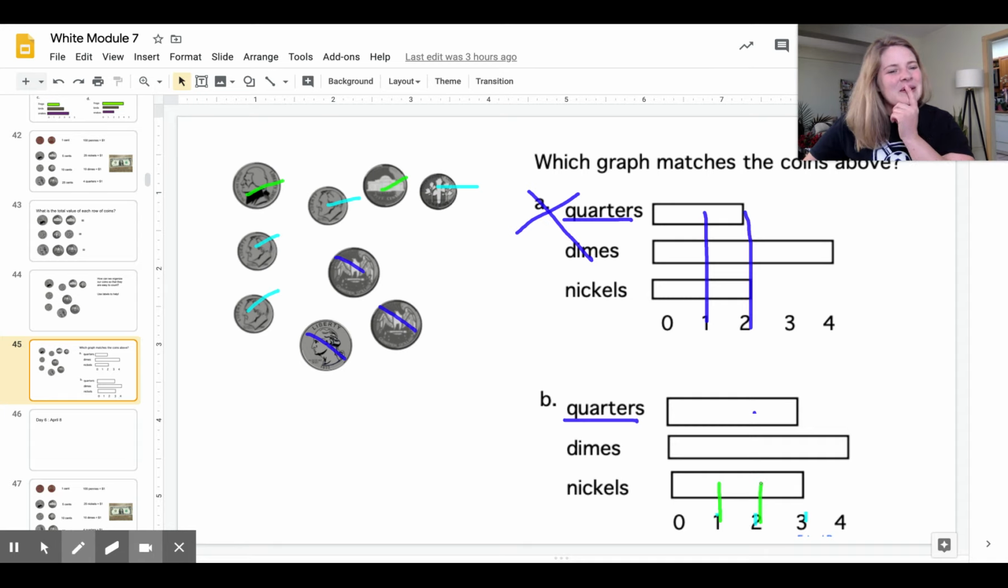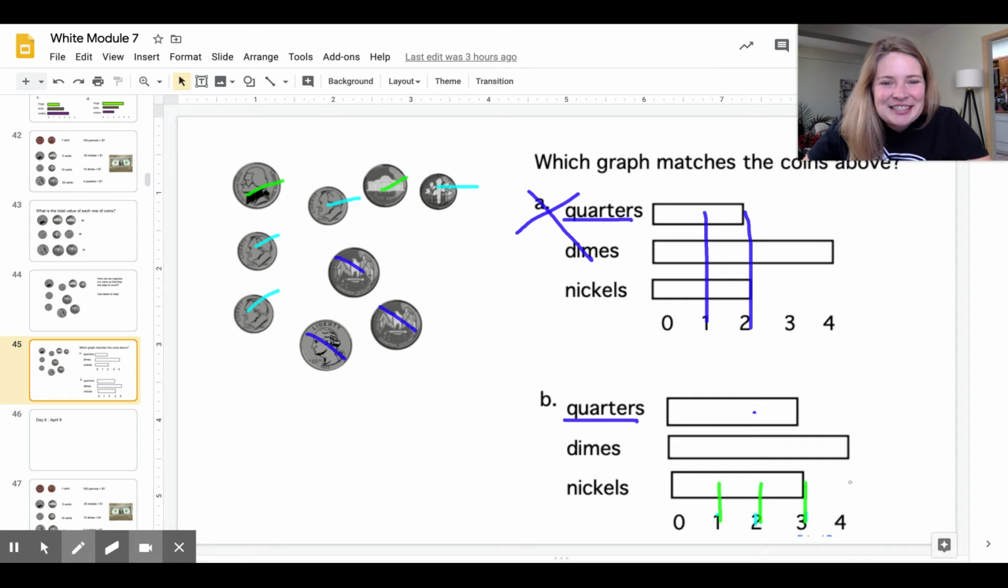Oh no. Is this graph correct? It is not correct. Second graders, how many does it say that this has? It says it has 3.